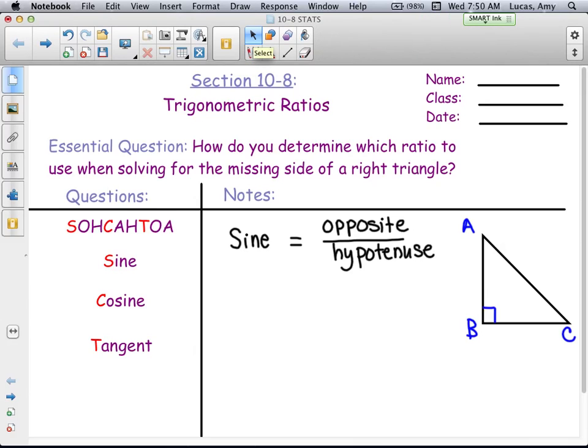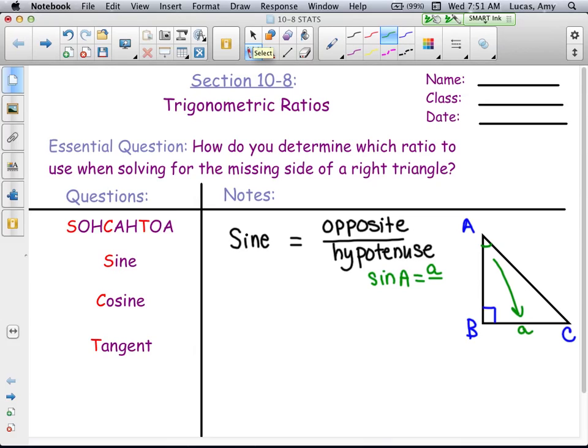If we were talking about the sine of angle A, so right here, sine A would be equal to the side opposite over the hypotenuse. So it would be a ratio or a fraction comparing those two side lengths.